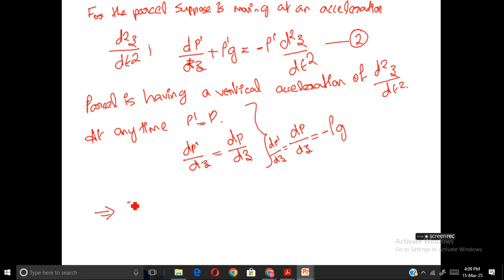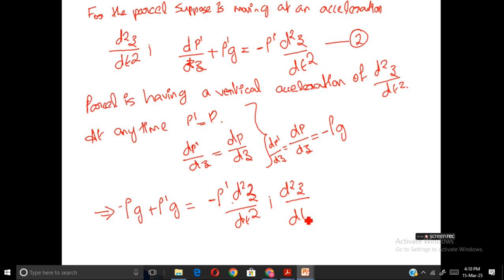So we substituted here, it will become minus rho g plus rho dash into g is equal to minus rho dash into d square z by dt square. Or we can write d square z by dt square is equal to g into, we take g outside, rho dash minus rho.